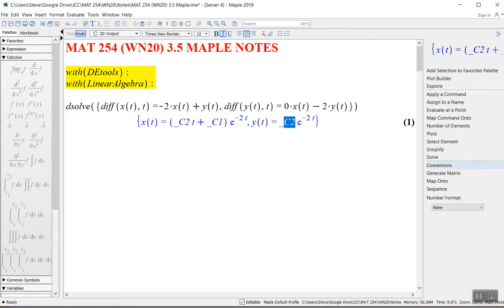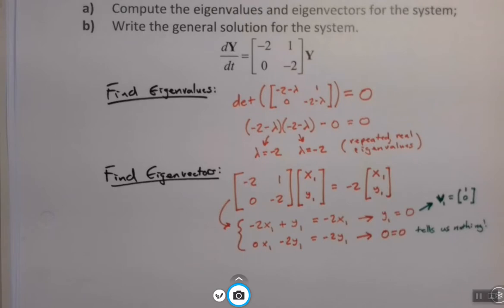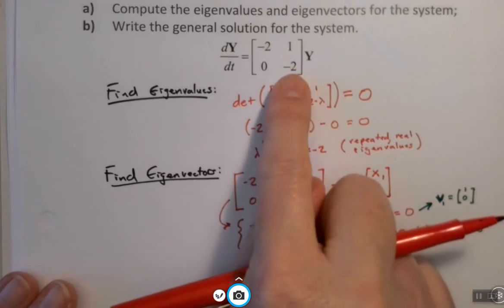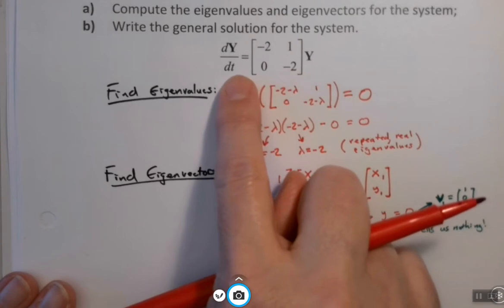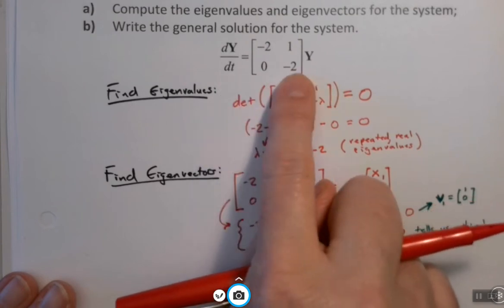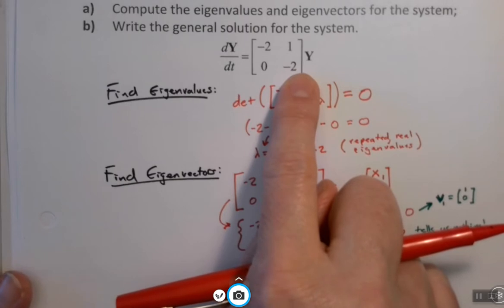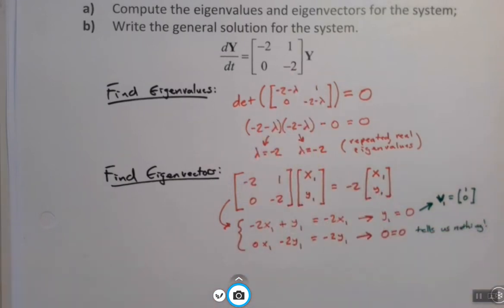So if we go back and take a look at our original equation here, you'll see that we have a partially decoupled system. This should look familiar to us because this is dy/dt equals negative 2y. So we knew going into it, or we could have known going into it, that we were going to have a partially decoupled situation.